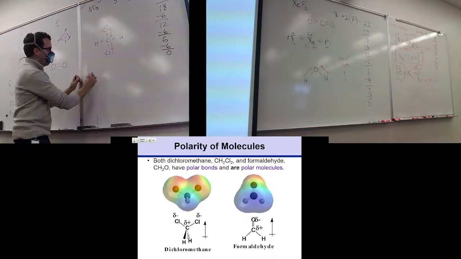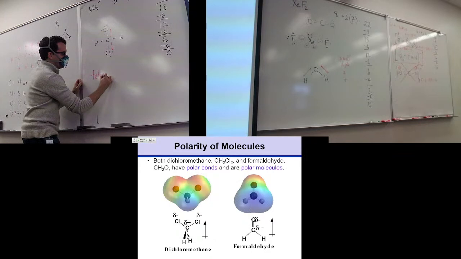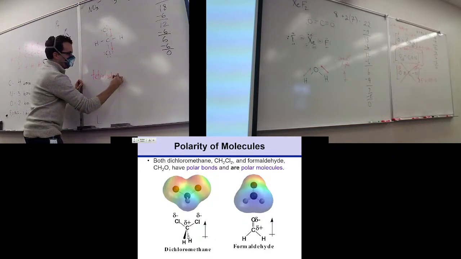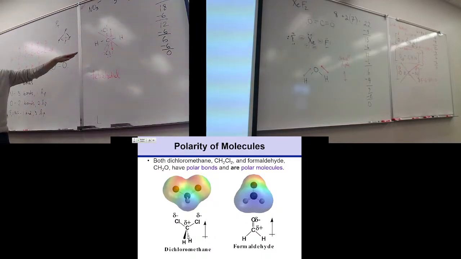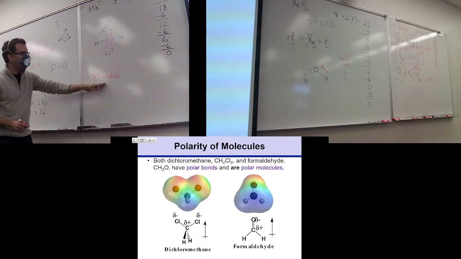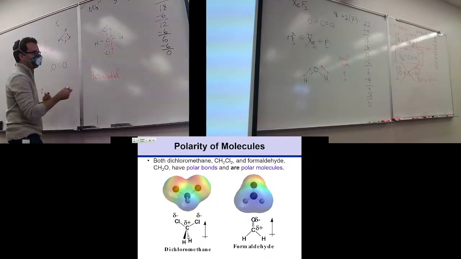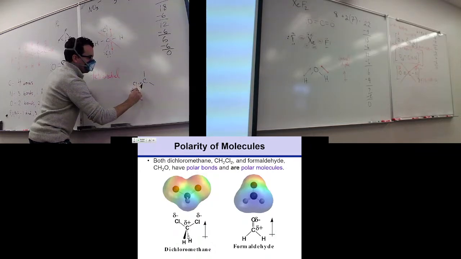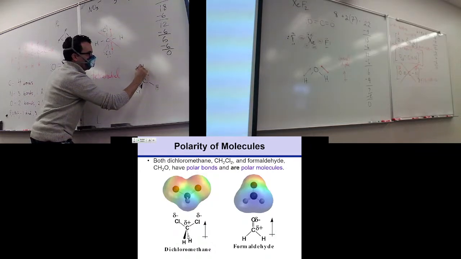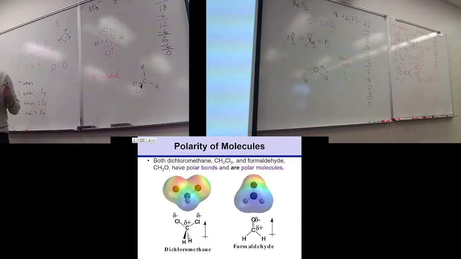This has a tetrahedral shape. So, first I'm going to say that's not correct. I mean, it's the Lewis structure, but it's not how you do the dipole moment. This is tetrahedral. So, how does it really look? Tetrahedral does this. And where you put the Cls and where you put the Hs doesn't matter.